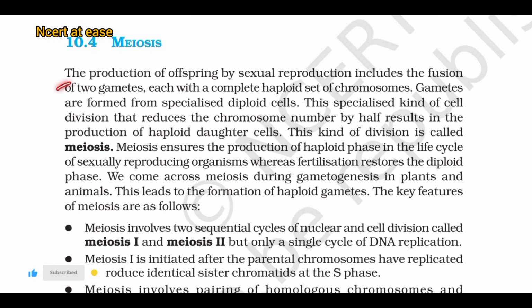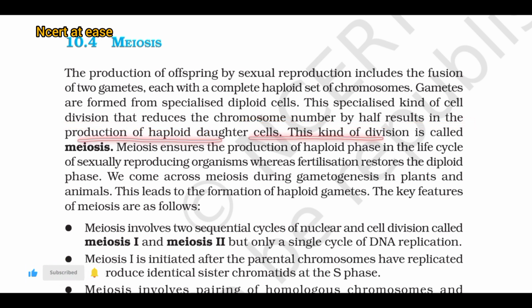Meiosis. The production of offspring by sexual reproduction includes the fusion of two gametes, each with a complete haploid set of chromosomes. Gametes are formed from specialized diploid cells. This specialized kind of cell division that reduces the chromosome number by half results in the production of haploid daughter cells.